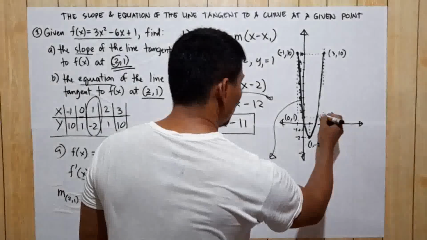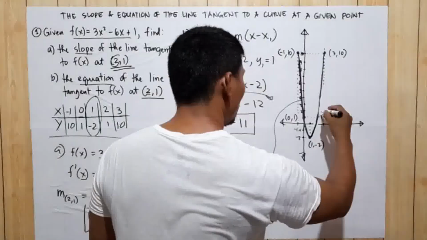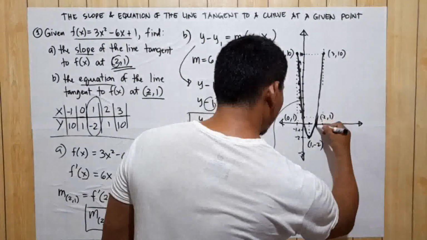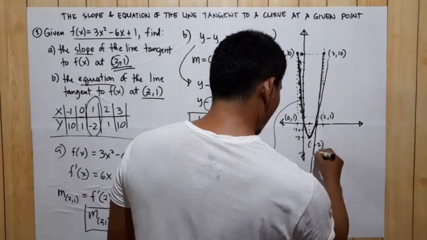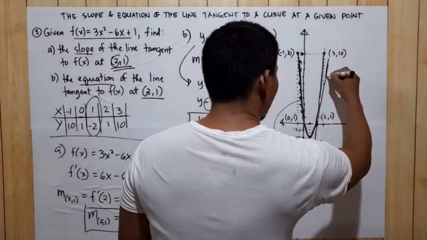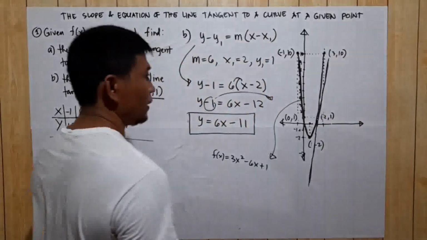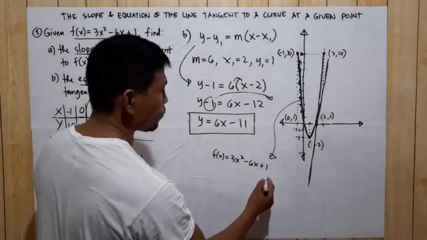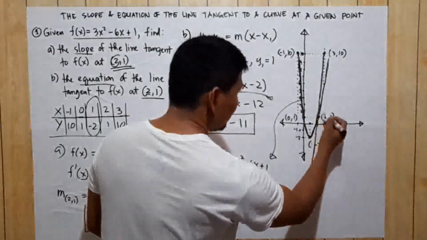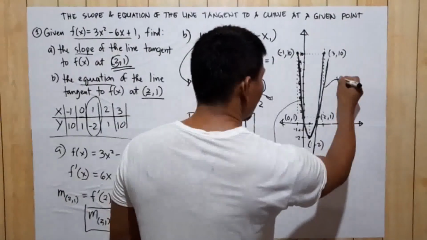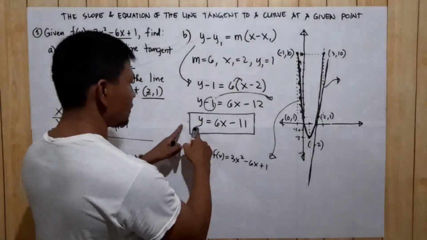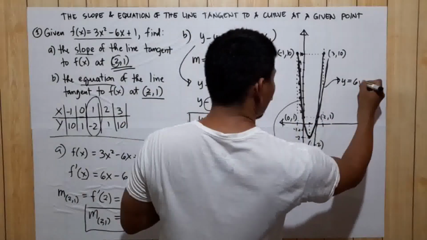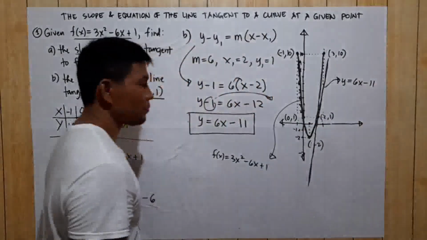Kasi dito po yung point na (2, 1). So, may tangent line daw po dito. Ano po yung slope ng tangent line na yun? Ito po yung tangent na line. Line tangent sa curve po natin na f of x equals 3x squared minus 6x plus 1 at point (2, 1). So, ito namang tangent line na to, ito po yung ating y is equal to 6x minus 11.